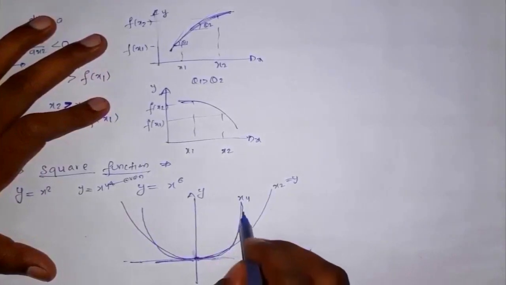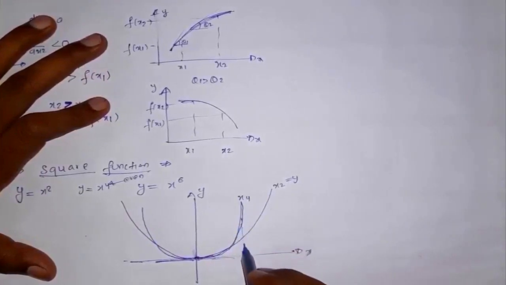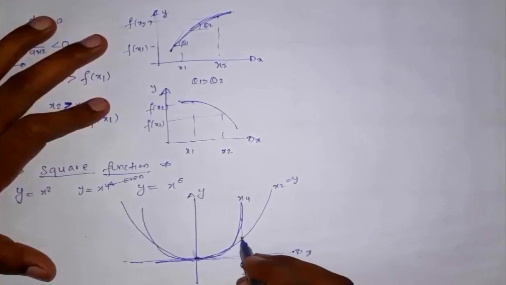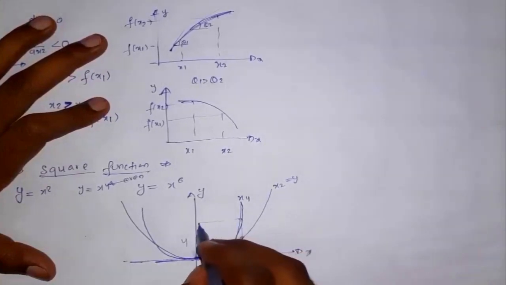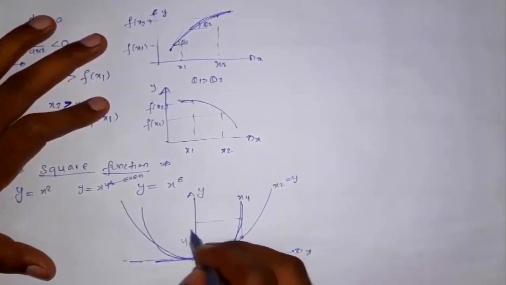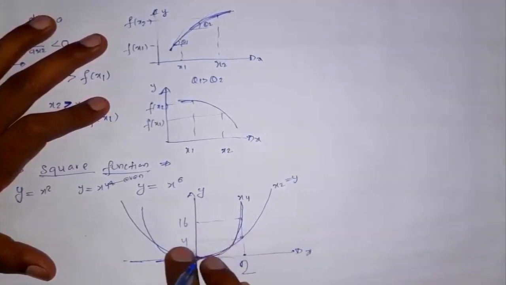Here, let x equals 2, then the value for x square will be 4, and for x to the power 4 will be 16. So definitely this graph is correct.